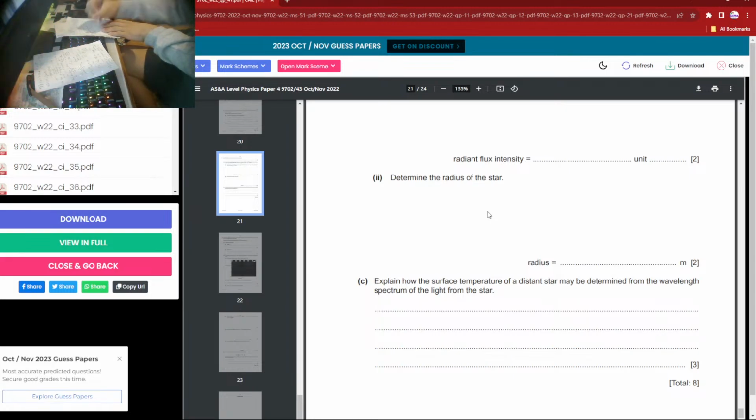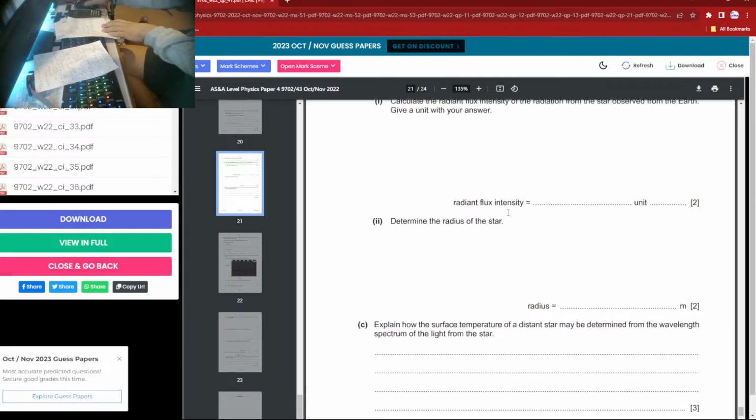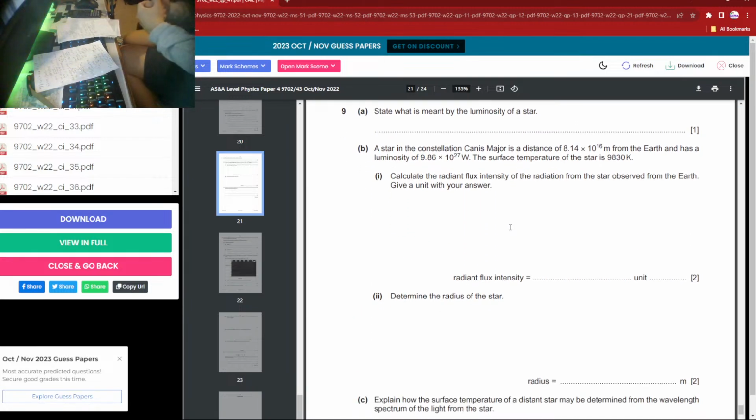You would have r squared over the surface temperature is 9830. So since it's inversely proportional, r squared is inversely proportional to T^4. You'll get the r squared, which is the distance between the Earth and the star, equal to 9830 Kelvin, the surface temperature of the star.